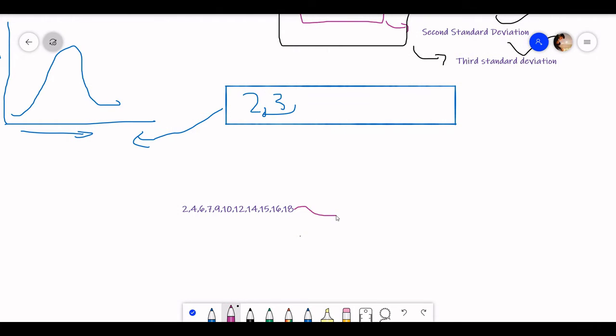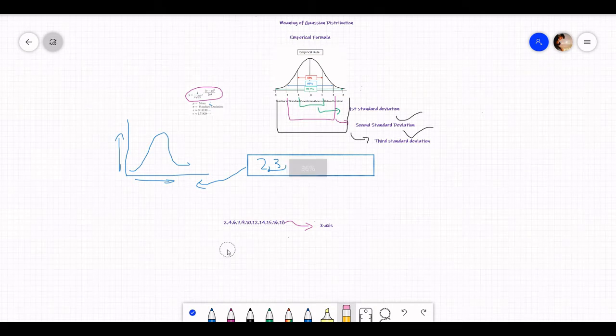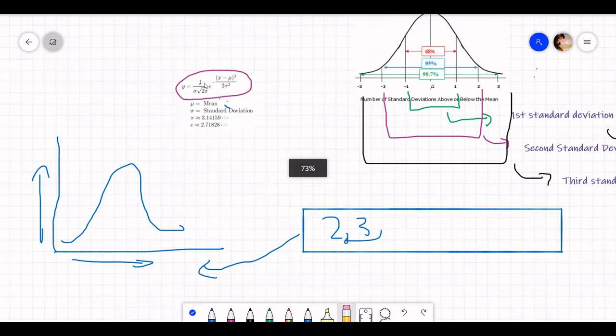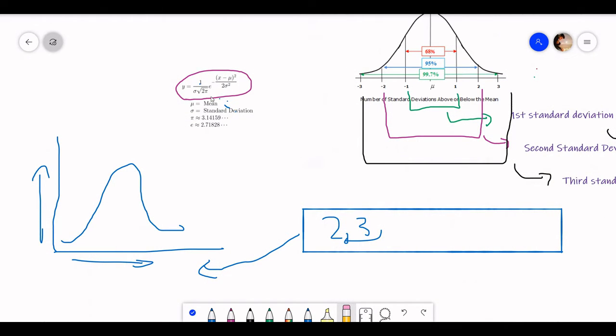So given data will be our x-axis. To find the y-axis, we have to use this formula. We have to find our mu and standard deviation first.